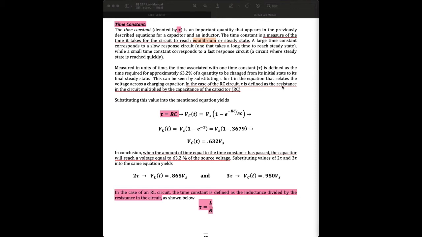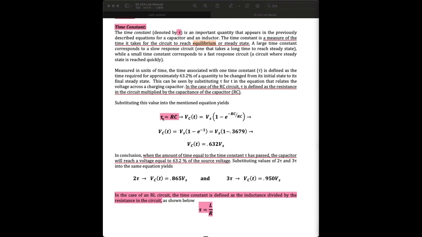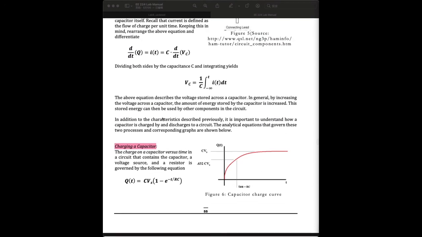Remember, this is the resistance in the circuit, which includes all the internal resistance of the components used in the circuit.